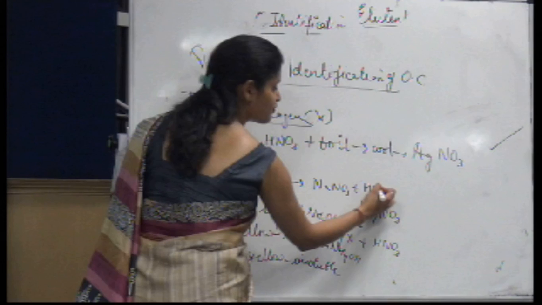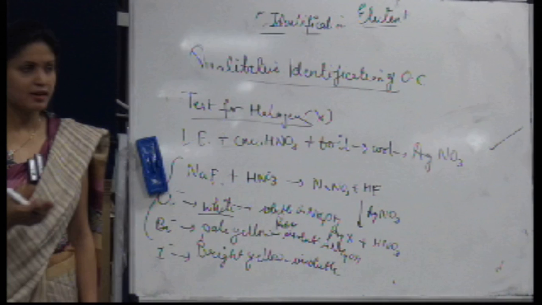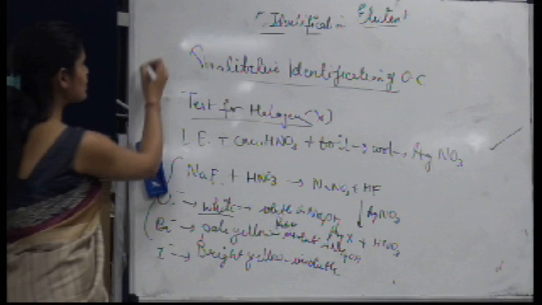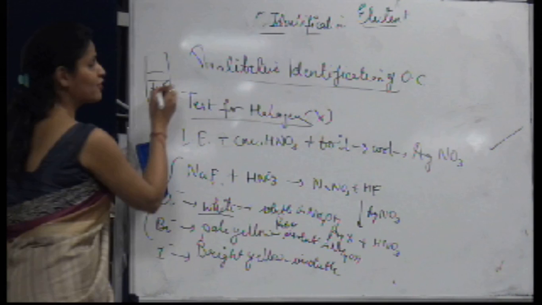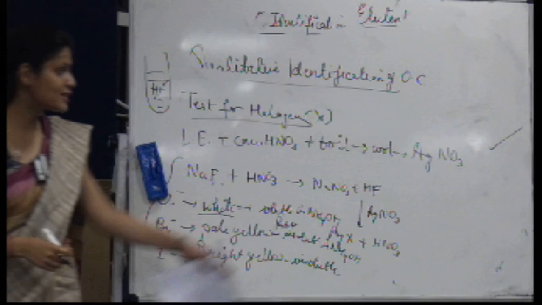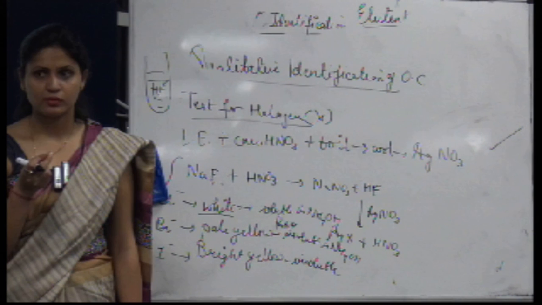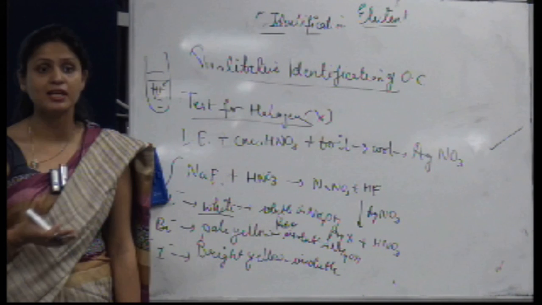Which is very reactive. आप लोगों ने पढ़ा होगा सिलिका के साथ. If I take HF, it would react with the glass tube, because hydrofluoric acid reacts with the glass of the borosil. We do not want any compound which reacts with the glass of the apparatus, and hence we cannot perform the fluoride test.